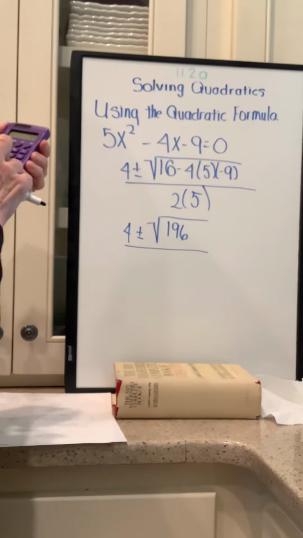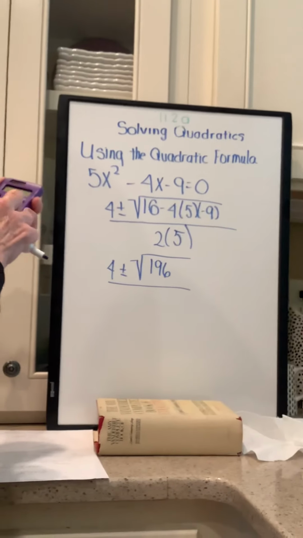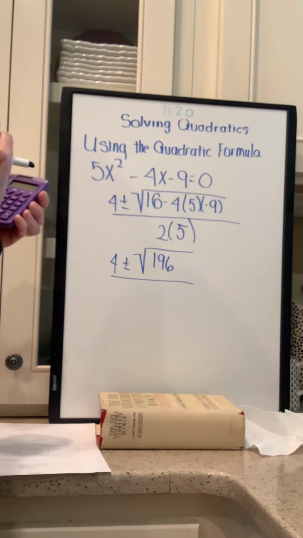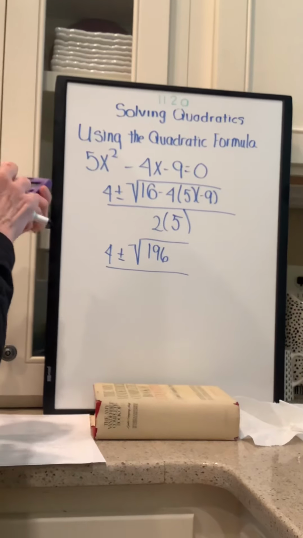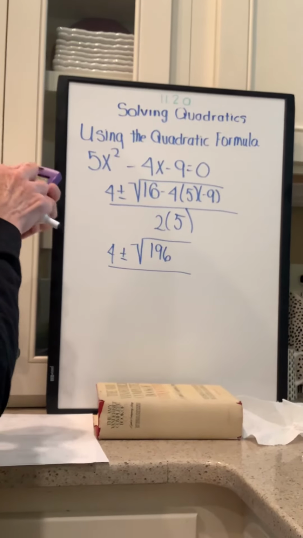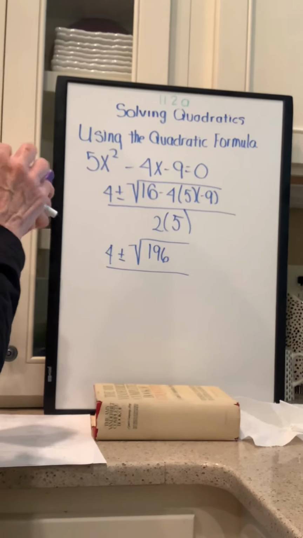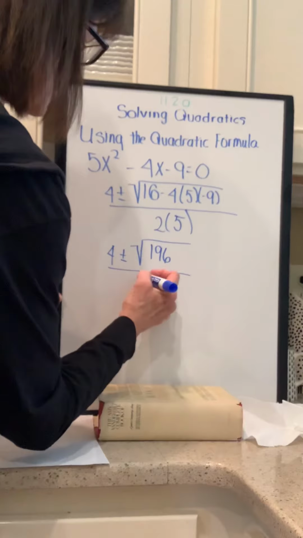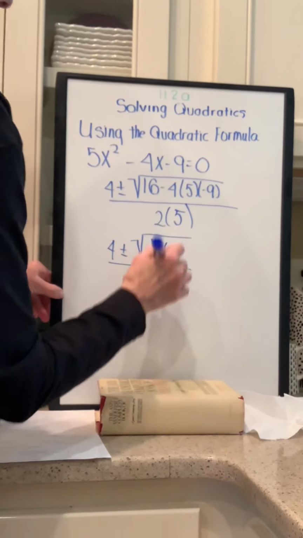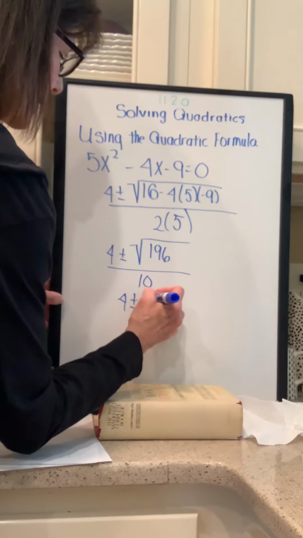Okay, so what is 13 times 13? 13 times 13 is 169. What is 14 times 14? 14 times 14 is 196. So the square root of 196 is 14, so this is 4 plus or minus 14 over 10.